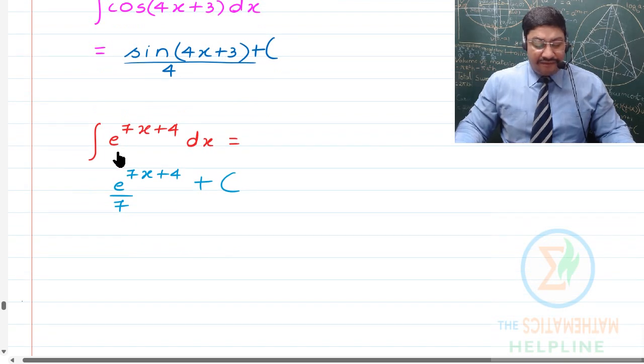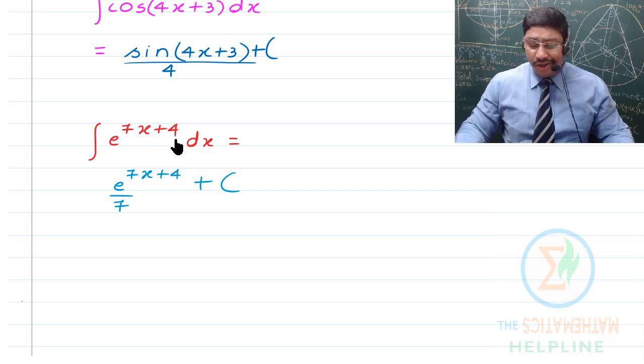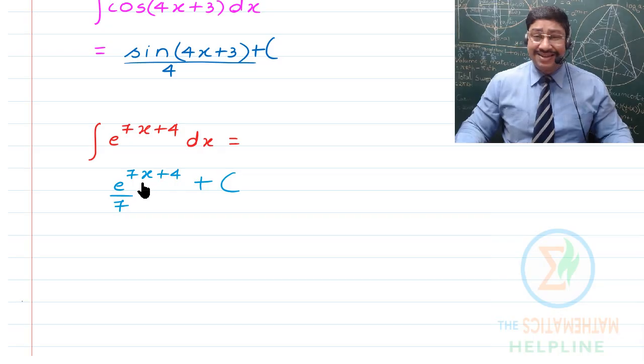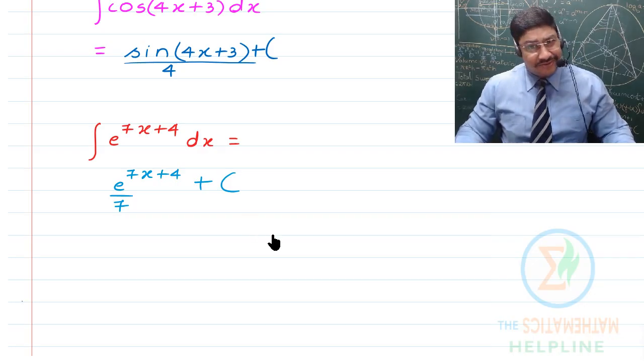Now, if you have a function which is e raised to the power 7x plus 4, you know that this is a function just like e raised to the power x, an exponential function which has the integral e raised to the power x. But because in its exponent there is 7x plus 4, we will now be dividing by the coefficient of the linear term, that is 7, and to that you will add the constant of integration, plus c, and that is going to become your integral.